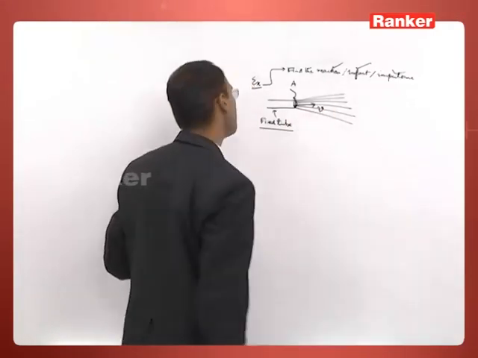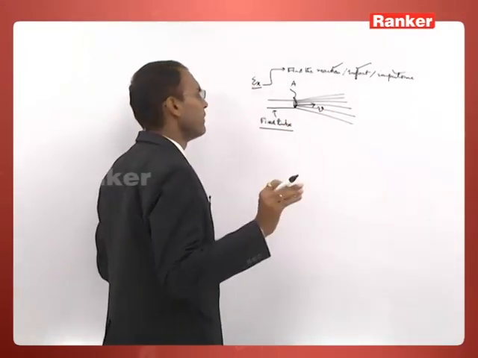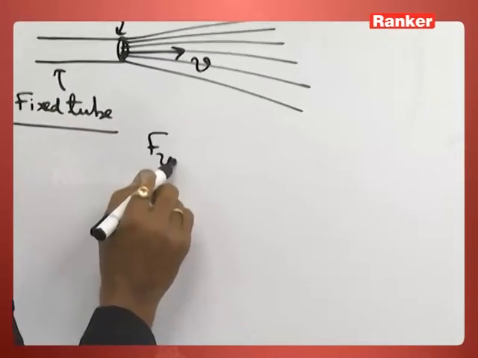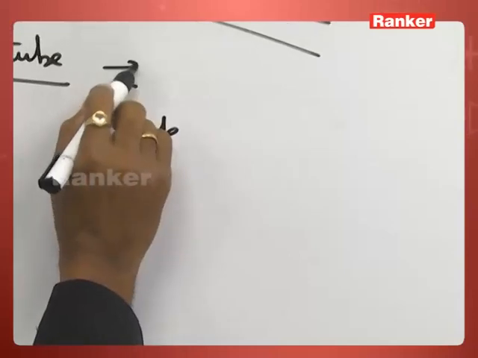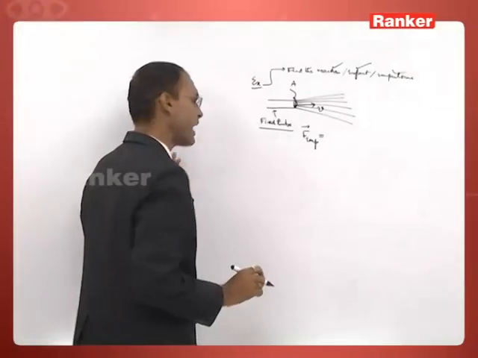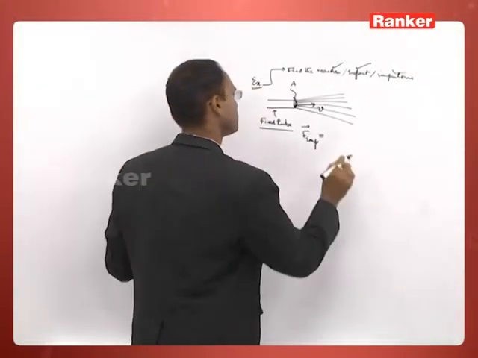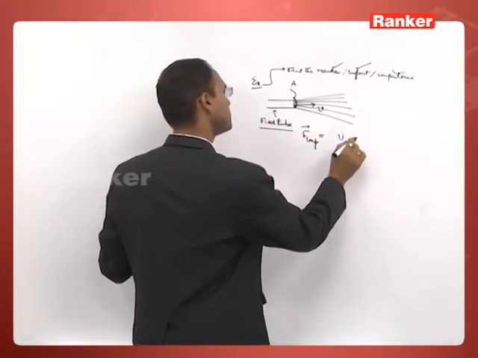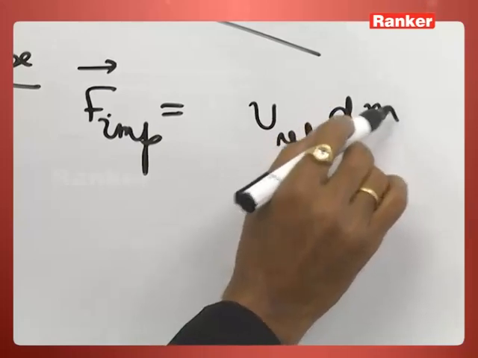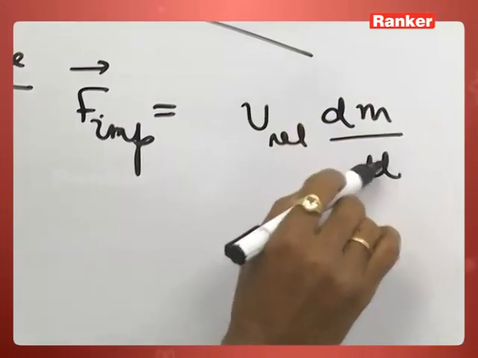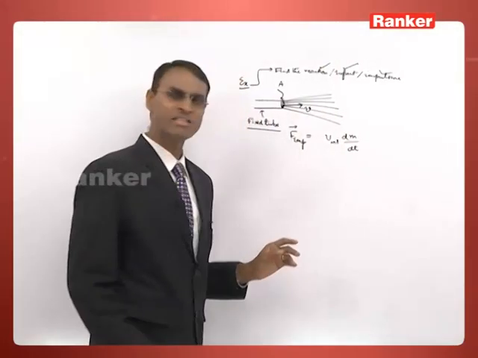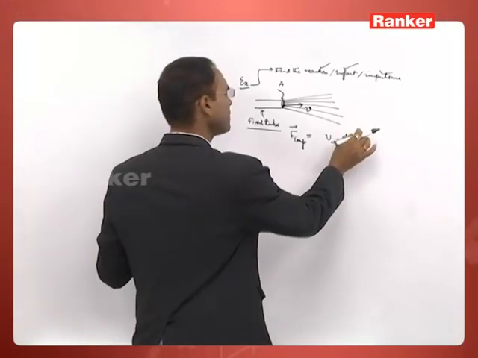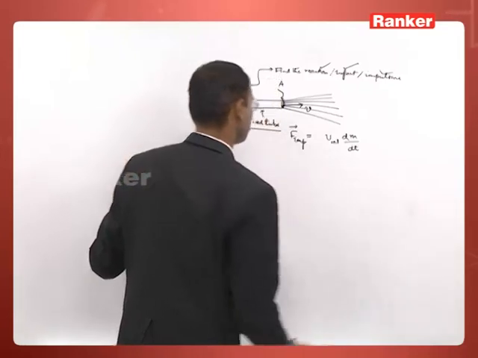All these terms bear same meaning. First of all, write the formula. The impulsive or impact force is equal to relative velocity times the rate at which the mass of the variable mass system is changing. You can write it capital M or small m, doesn't matter.